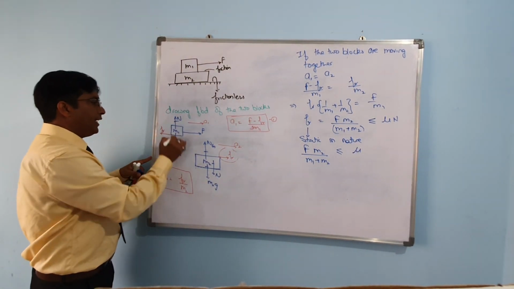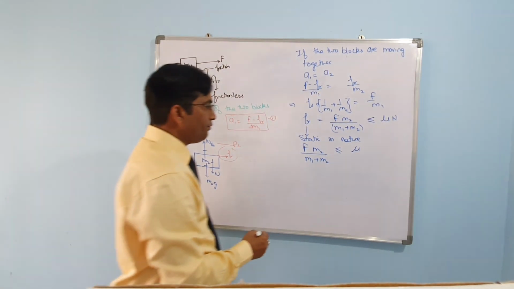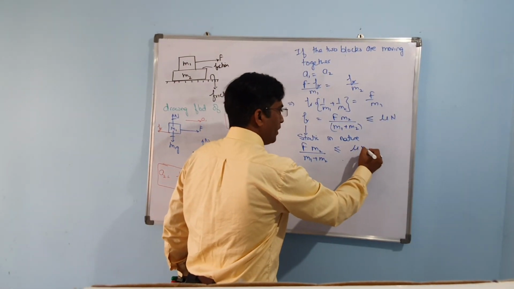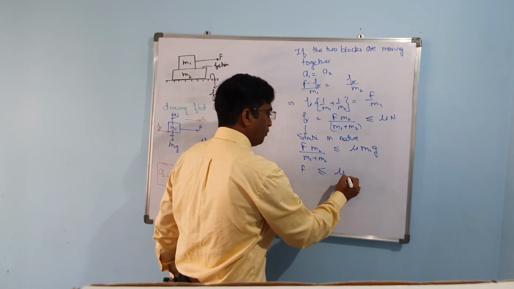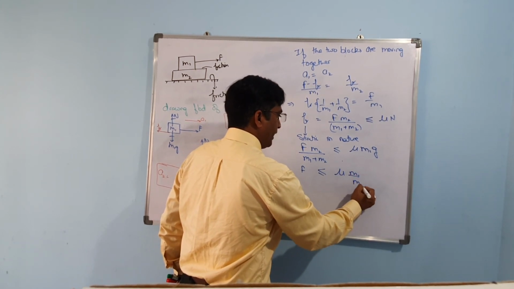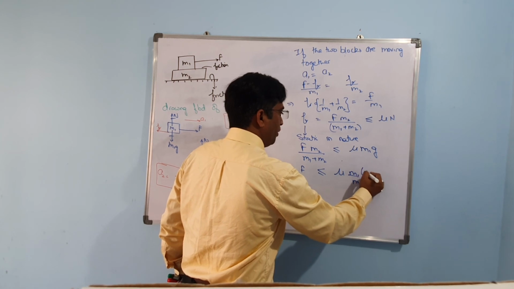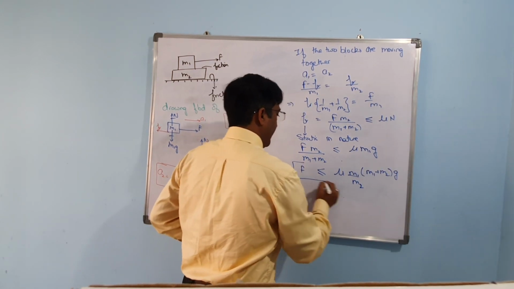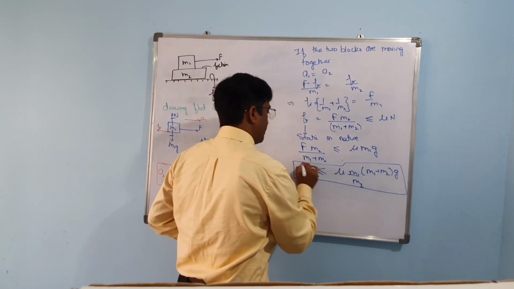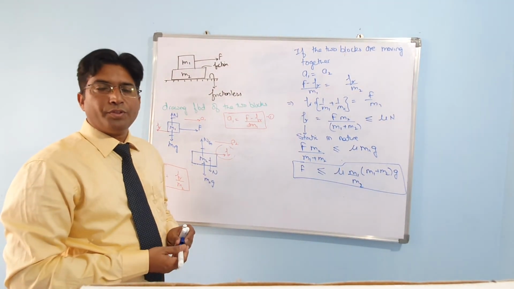See from here, N is equal to m1g. So this is m1g. So applied force should be less than or equal to mu times m1 by m2, (m1 plus m2) into g. That is the required force for the two blocks to move together.